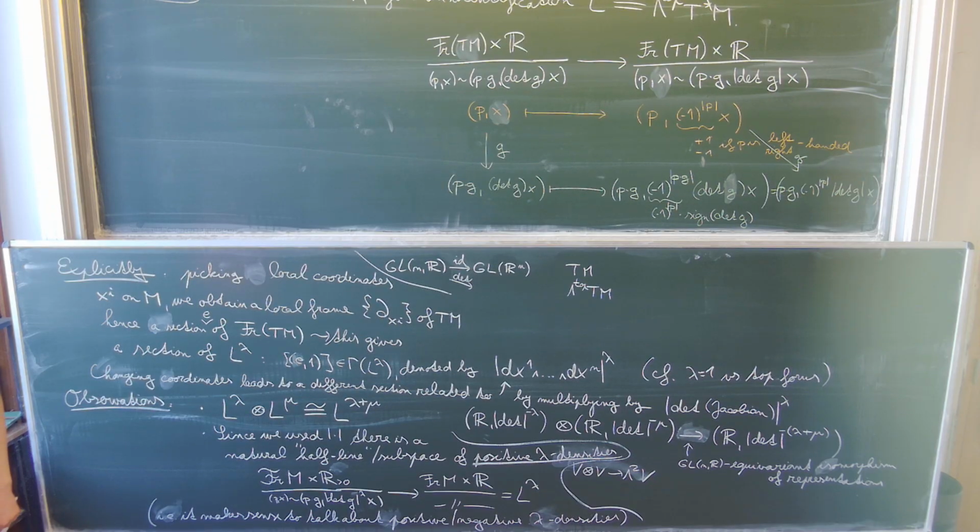Just follow the positive frames and positive changes. Right, sometimes you define a sub-bundle of the frame bundle, which would be like GL plus. Yes, it's GL plus. There you throw away the frames that would have a negative determinant. Yes, that's right.